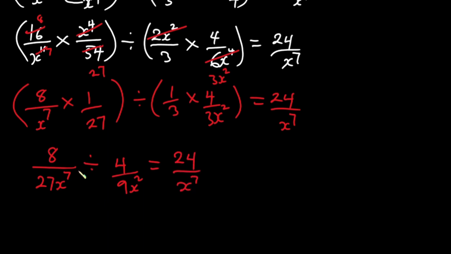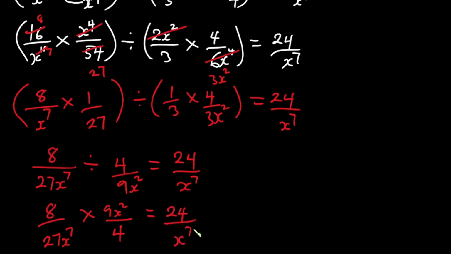Alright, so here let's change the sign. So we have 8 on 27x to the 7 times, this one will go top like we did earlier. So we have 9x to the power 2 on 4 is equal to 24 on x to the power 7.